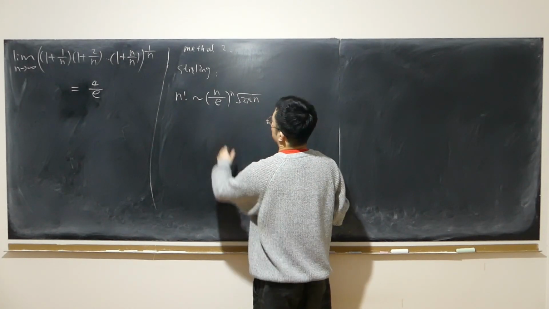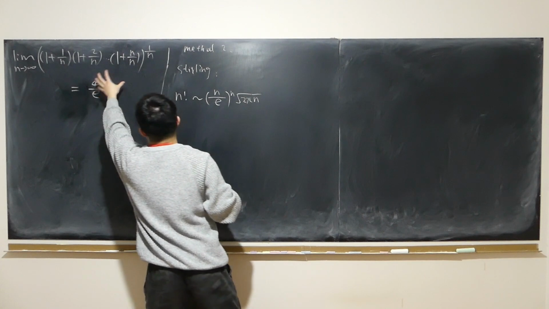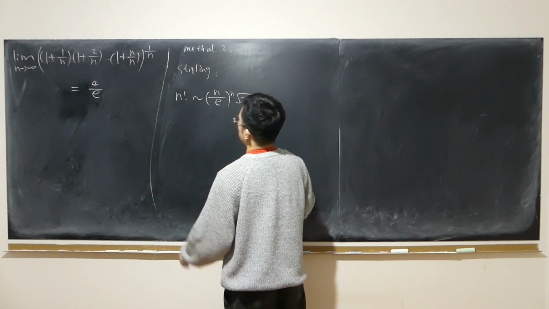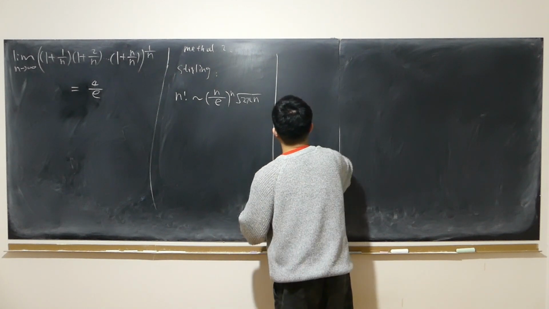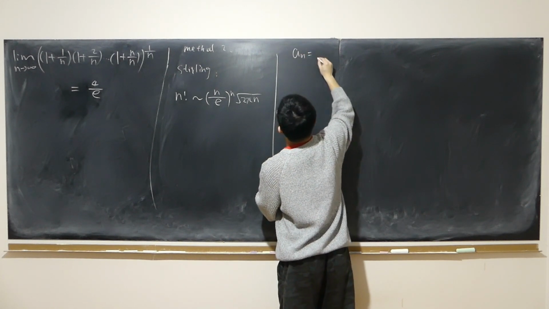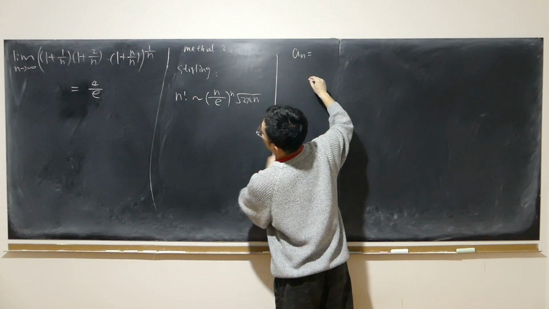So that way we can rewrite our, let me just denote it as a_n. In fact, I'm going to multiply everything together.